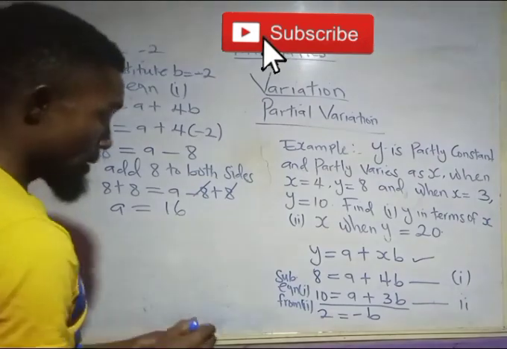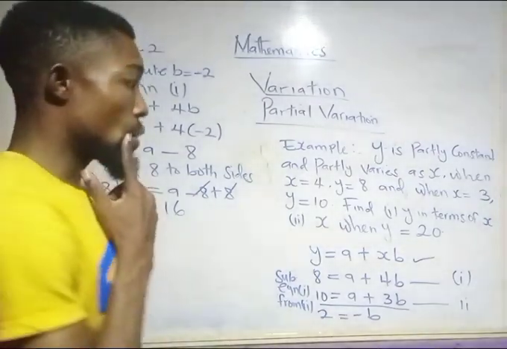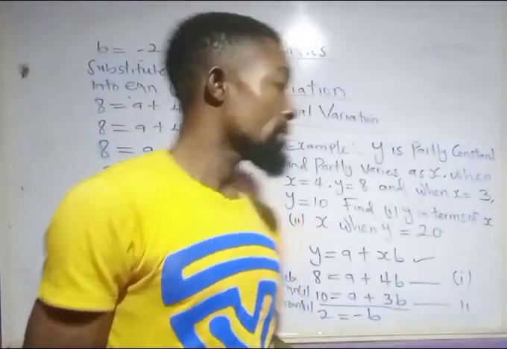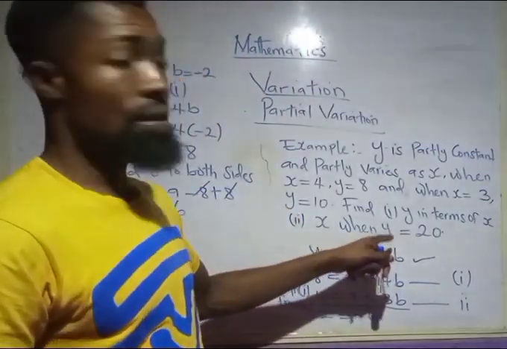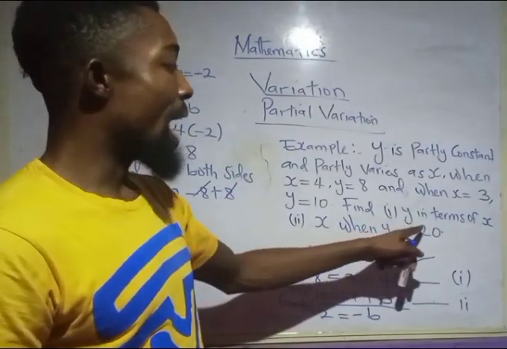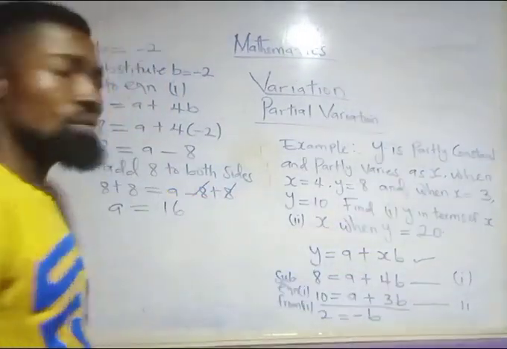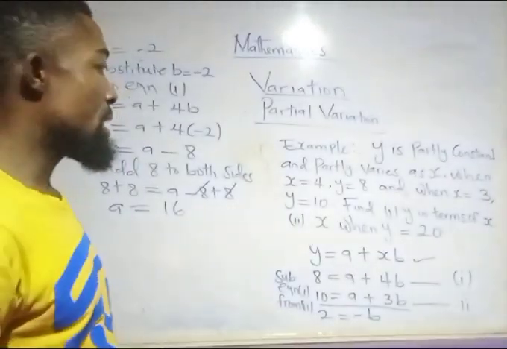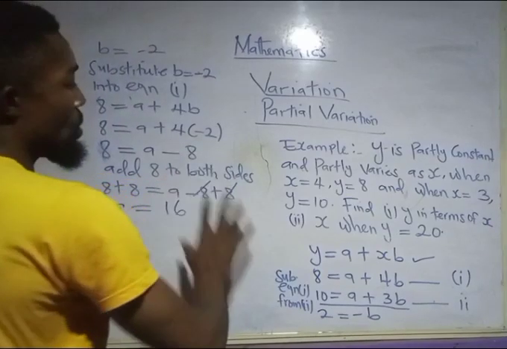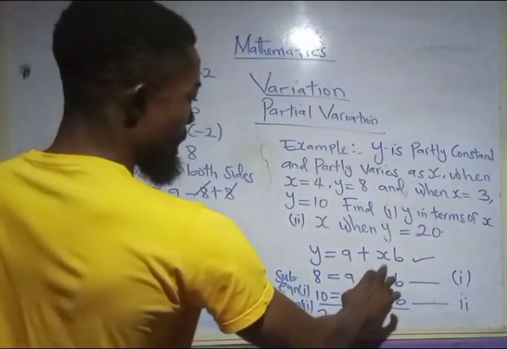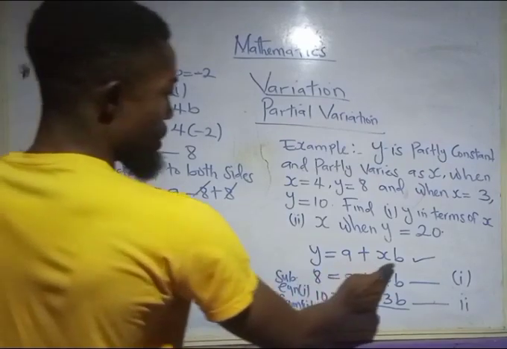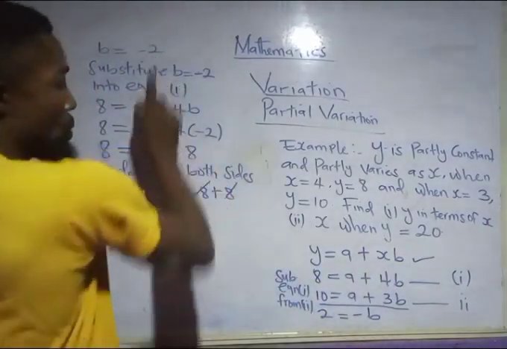Our a is 16. So the next thing we need to do is to go into the question, the first question they have given to us. They say, find y in terms of x. So what that means is to put the values of our constant numbers into this equation. Where you see a, you write 16. Where you see b, you write minus 2.